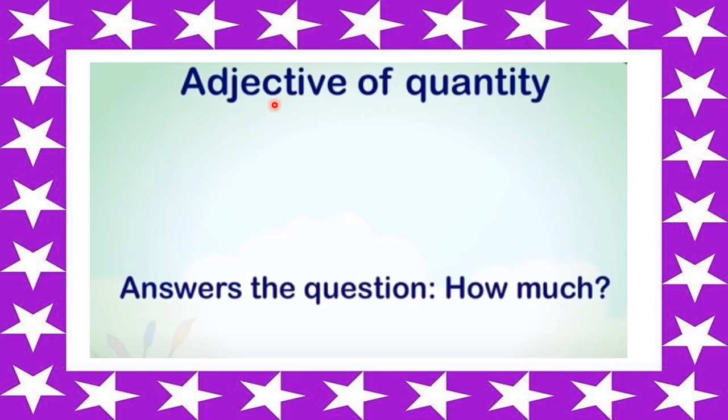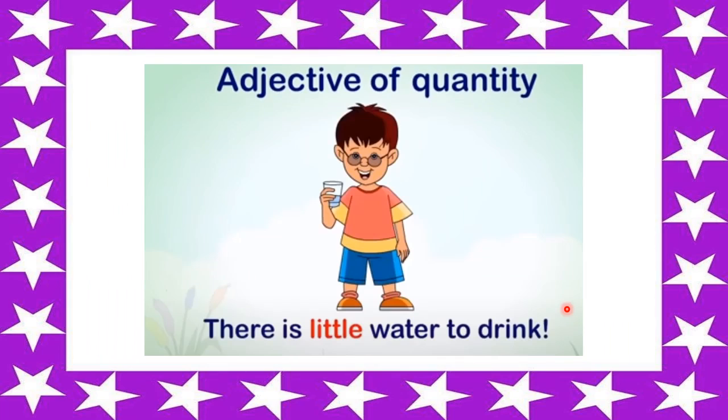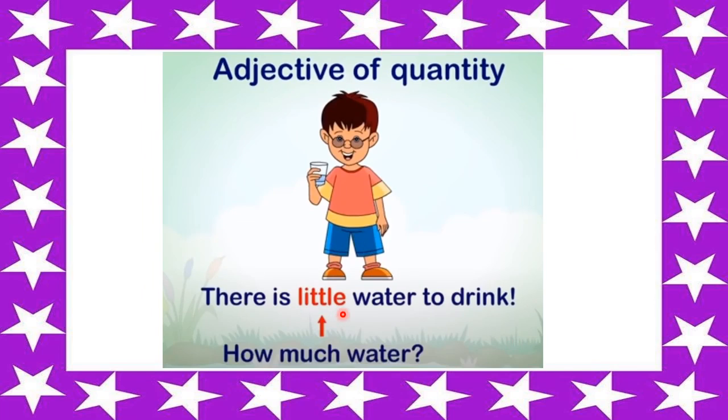An adjective of quantity answers the question how much. For example, there is little water to drink. So how much water? Little water. As we can see here, an adjective of quantity answers the question how much.